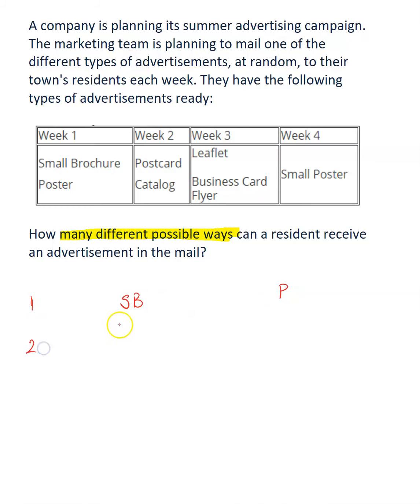And then for week 2, it could be postcard and catalog, right? And so on. So you think of the tree diagram here, but then remember they're asking for how many different possible ways.